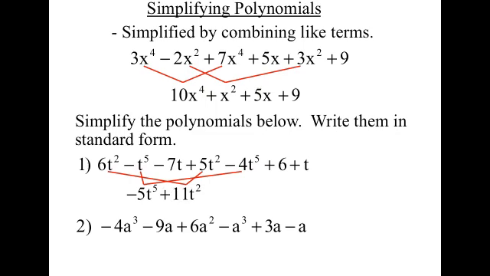I don't have any t to the 3rd, so I skip that, and t to the 4th. Okay, negative 7t and positive t makes negative 6t. And then last but not least, the constant 6. All right, pause the recording and you try the next one.